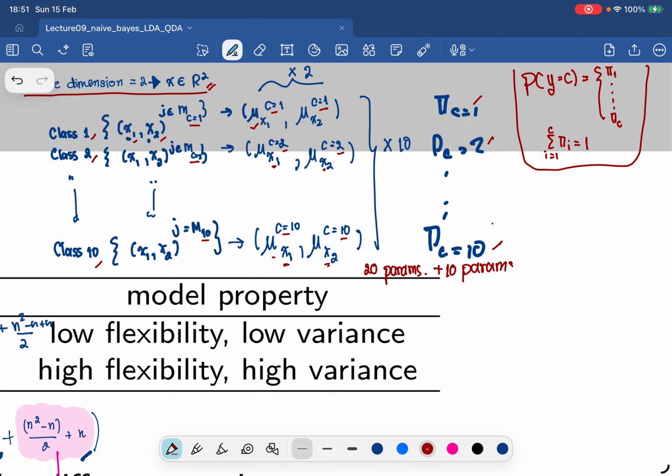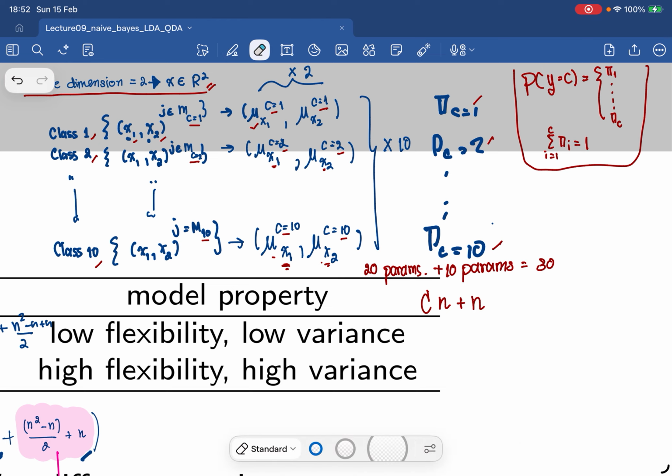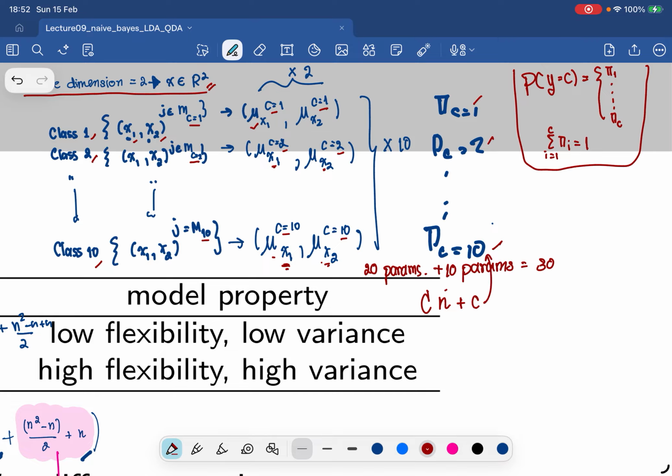So the total number of parameters will be 30, right? But you can put this in the formulation like, for example, if you know that n is the number of input features, right? And c is the number of classes, then you have another c here, because that c corresponds to the prior. Okay. So that's the total number of parameters for LDA.